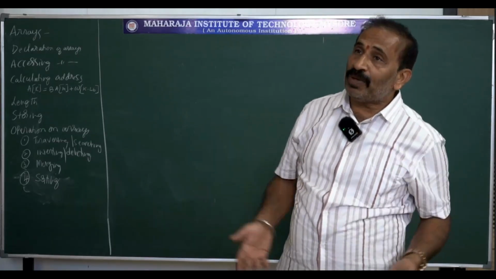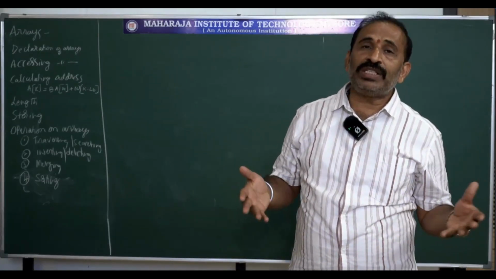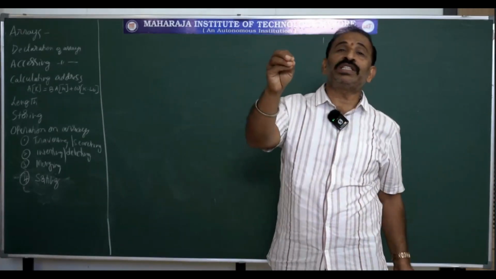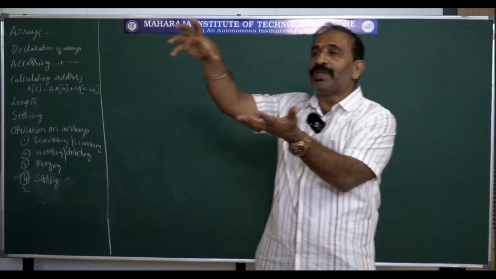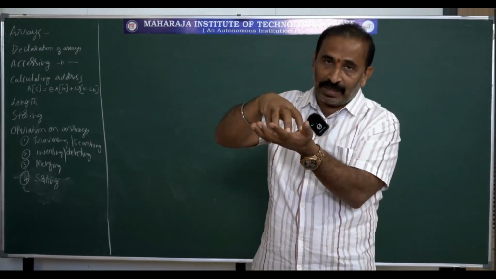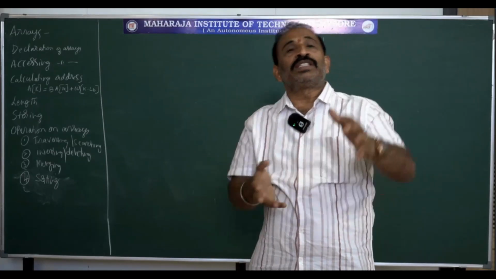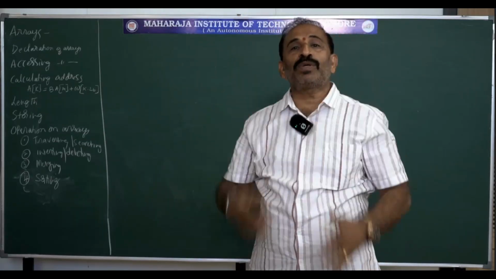So as we go higher and higher in the programming language, you will see usage of multiple homogeneous type of data. What is homogeneous? I cannot mix up one integer with a character. No. Set of integers, set of characters, set of floats.